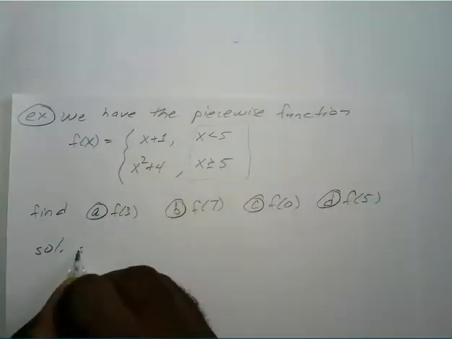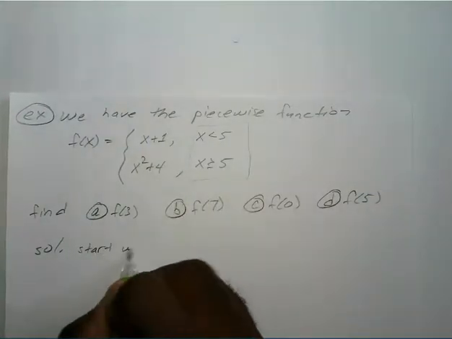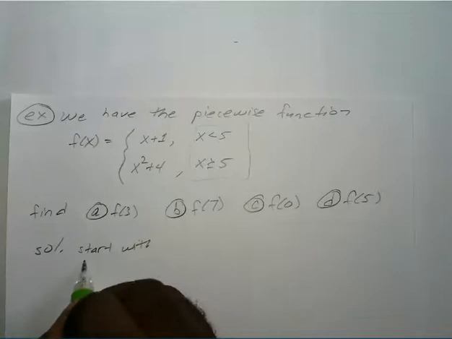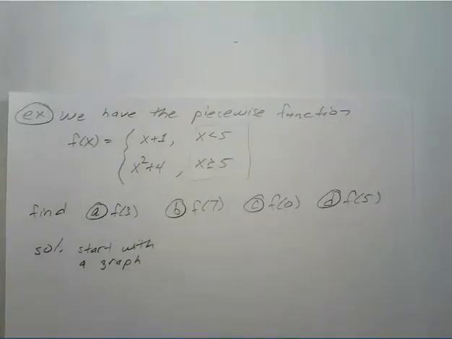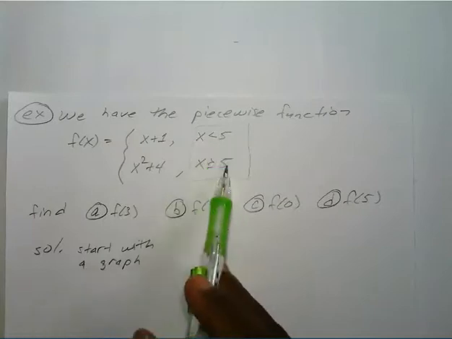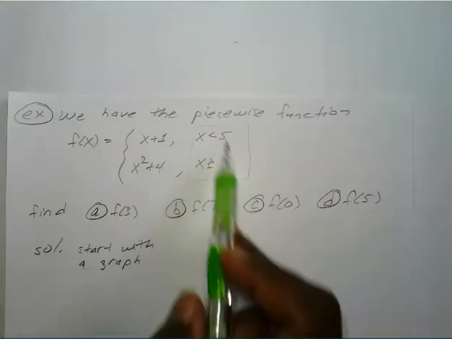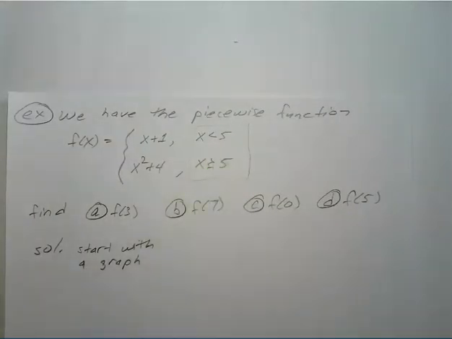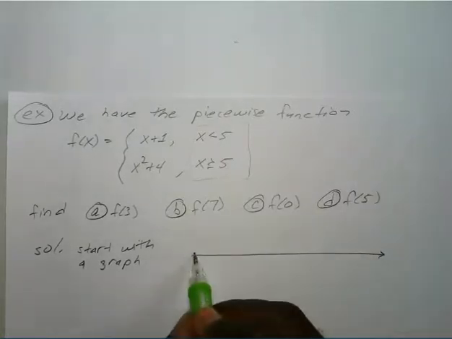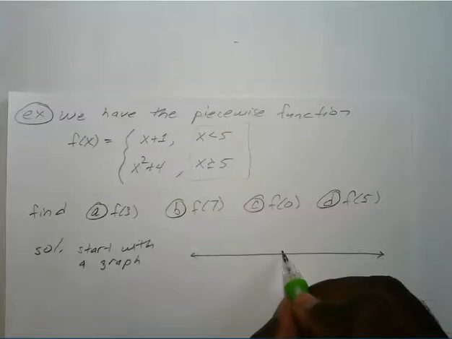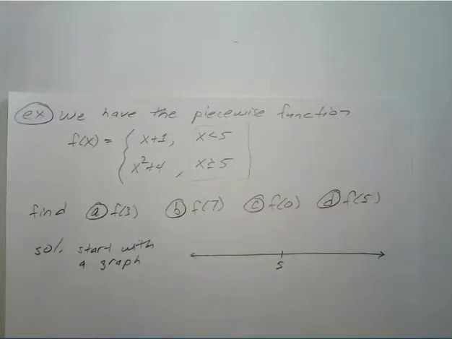So you're always going to start with a graph. Here you have 5 as your endpoint, so we're going to graph that. And here we have our 5.